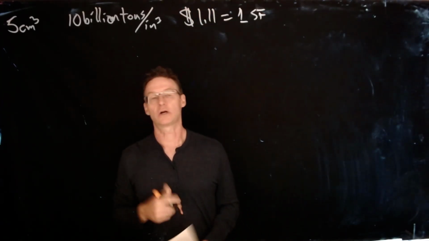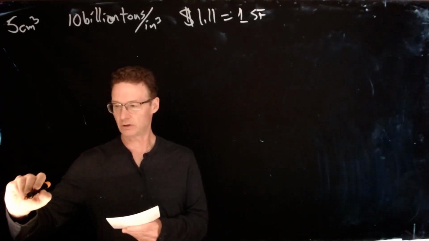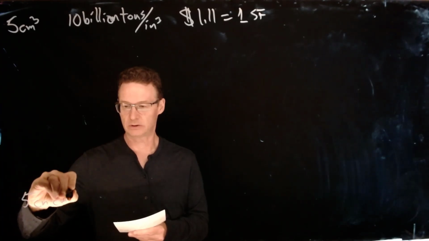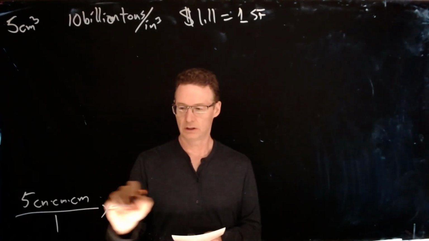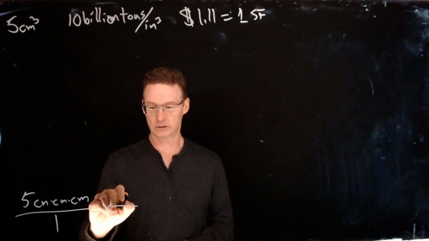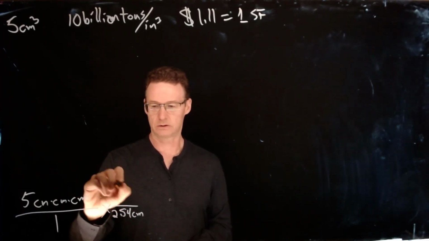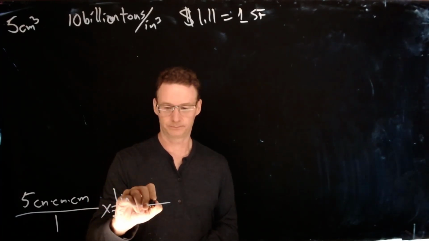How much would it cost to ship this? So let's set it up. We're going to start with 5 cubic centimeters, remembering that it's centimeters, centimeters, centimeters. Okay, that's all going to be over 1. Then I'm going to convert my cubic centimeters to cubic inches, remembering that 2.54 centimeters is 1 inch, and I'm going to do that 3 times.